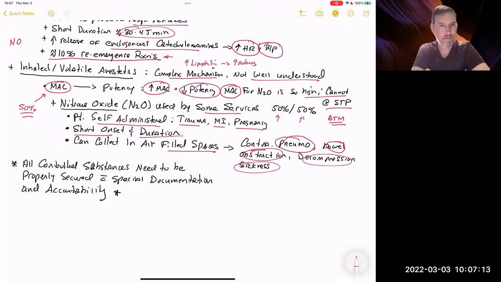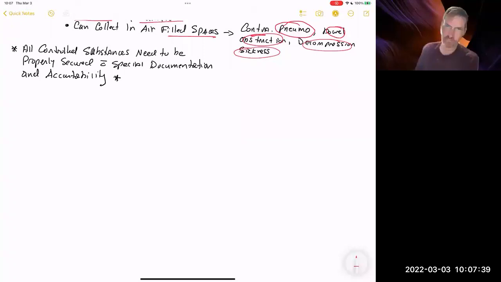All right. There are many other inhaled volatile anesthetics out there, but we don't really use them or directly engage with them. Things like sevoflurane, halothane, isoflurane, and they all have slightly different properties associated with them. But I want to mention, as I've mentioned before, that people who receive volatile anesthetics or inhaled anesthetics and other induction agents in a surgical setting can possibly be at risk from malignant hyperthermia.